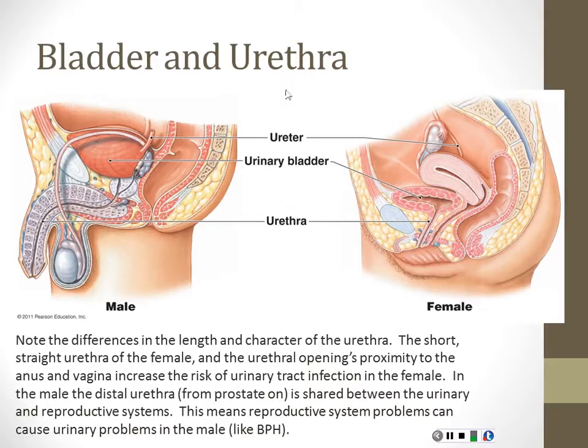What happens as men get older is their prostate glands have a tendency to swell. They get larger. And as you can see, there's really no room for it to get bigger because it's surrounded on all sides by other stuff.